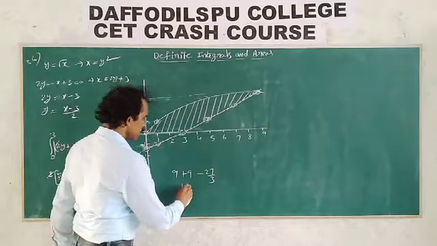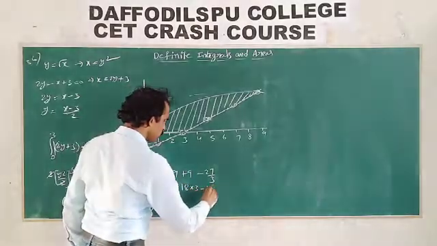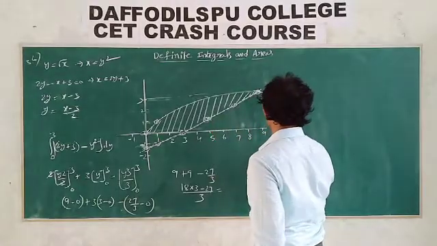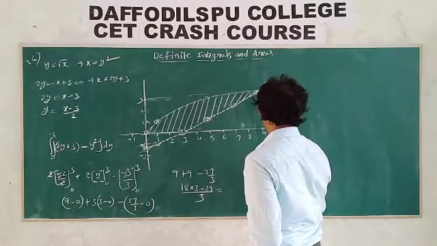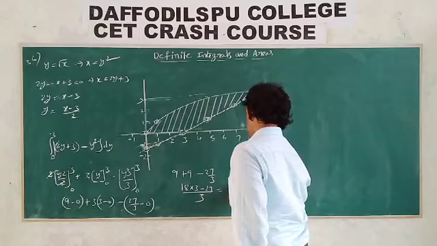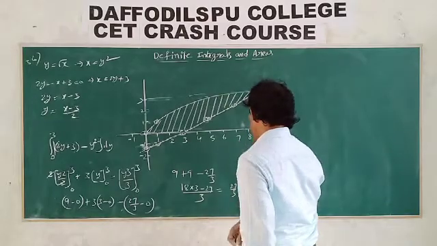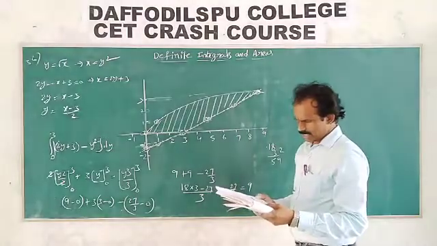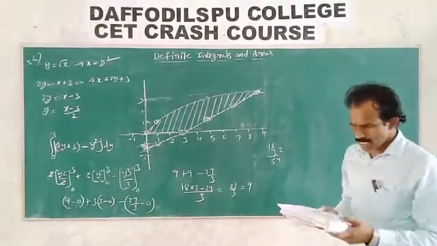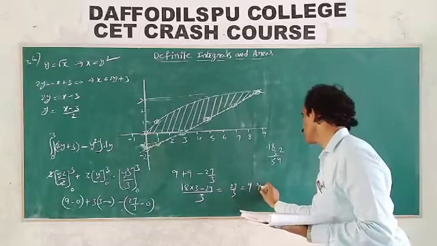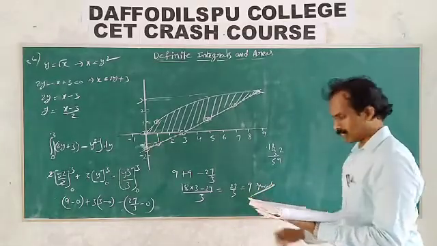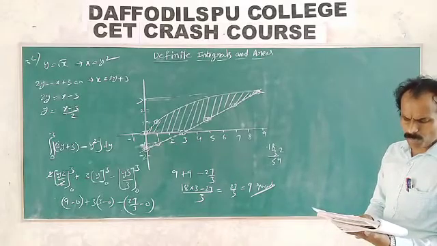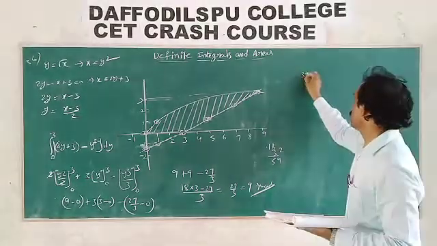So 9 plus 9 is 18. 18 into 3 is 54, minus 27. So 27 by 3 is equal to 9. 9 is the answer. The fourth option is the correct answer: 9 square units.